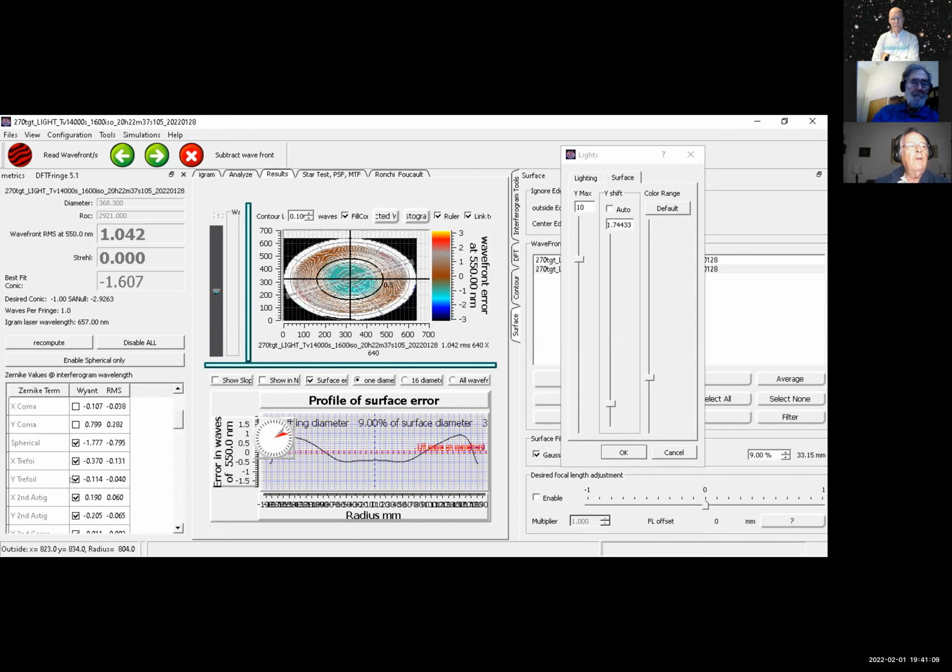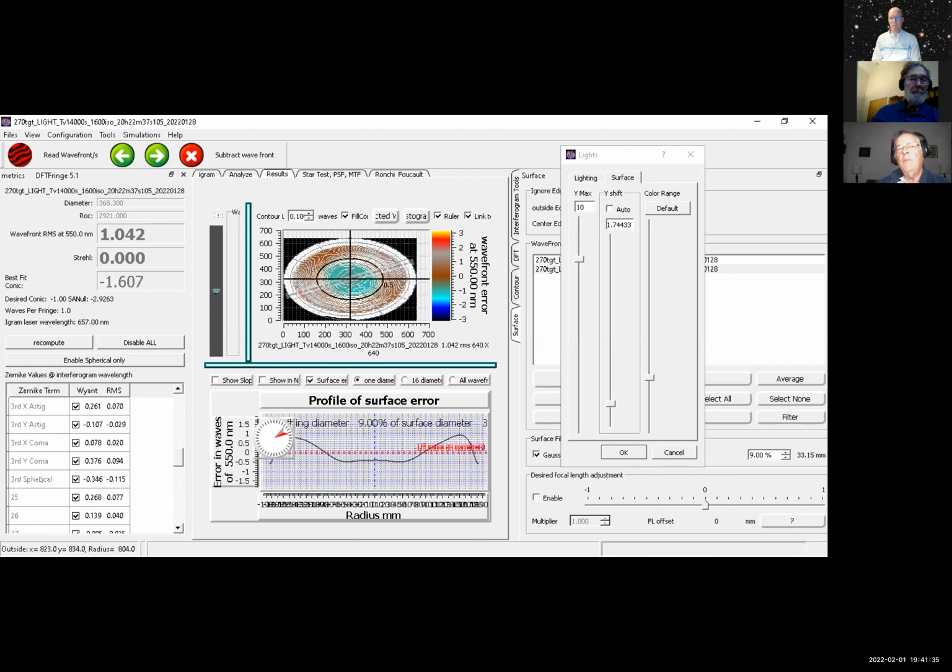Okay, these are astigmatism. This is what they call trifoil. Coma looks like a potato chip. Trifoil looks like a ripple potato chip. And second order astigmatism and coma and all that. There are basically, I think, 70 terms in total that are used to describe a mirror.